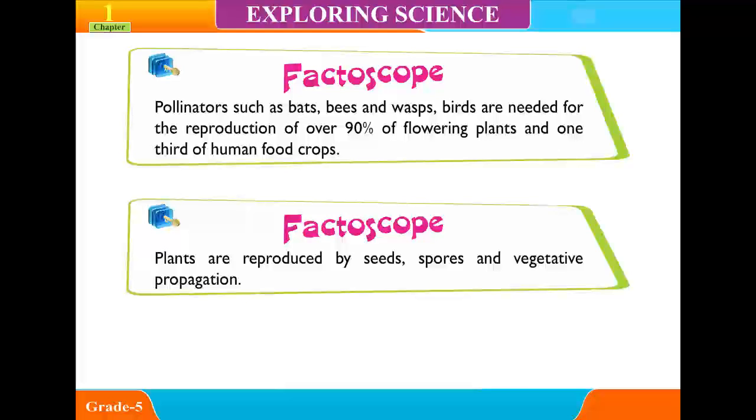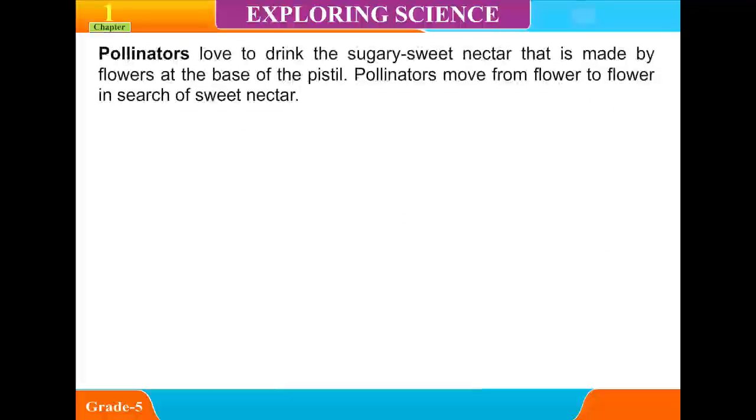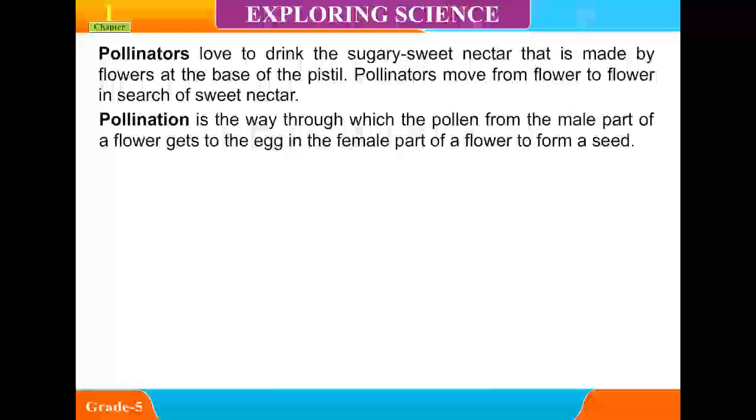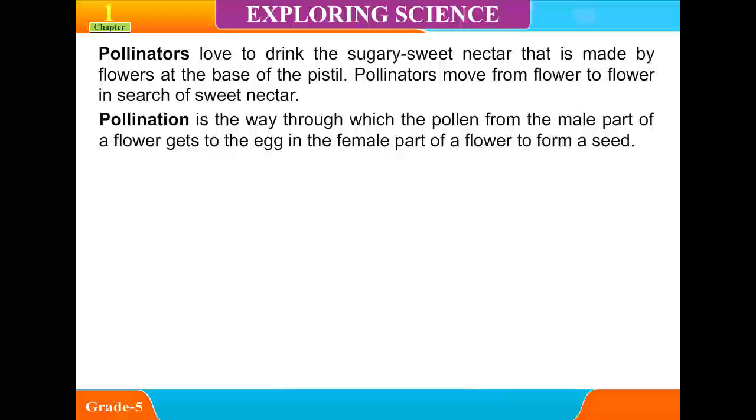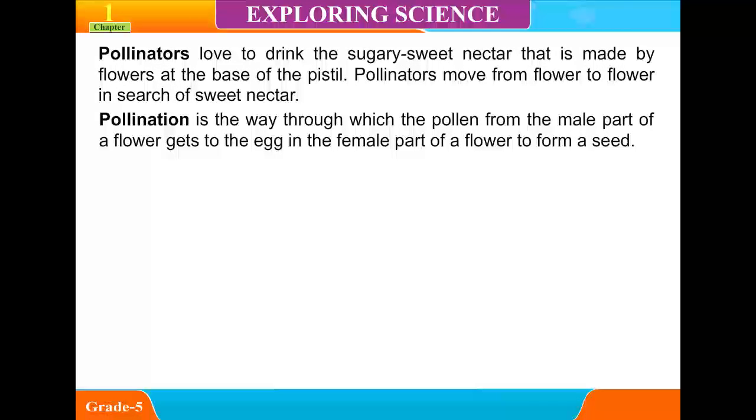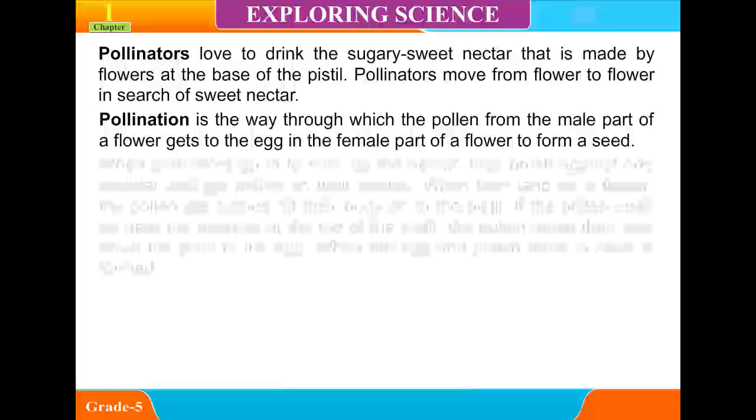Factoscope: plants are reproduced by seeds, spores, and vegetative propagation. Pollinators love to drink the sugary sweet nectar that is made by flowers at the base of the pistils. Pollinators move from flower to flower in search of sweet nectar. Pollination is the way through which the pollen from the male part of a flower gets to the egg in the female part of a flower to form a seed.